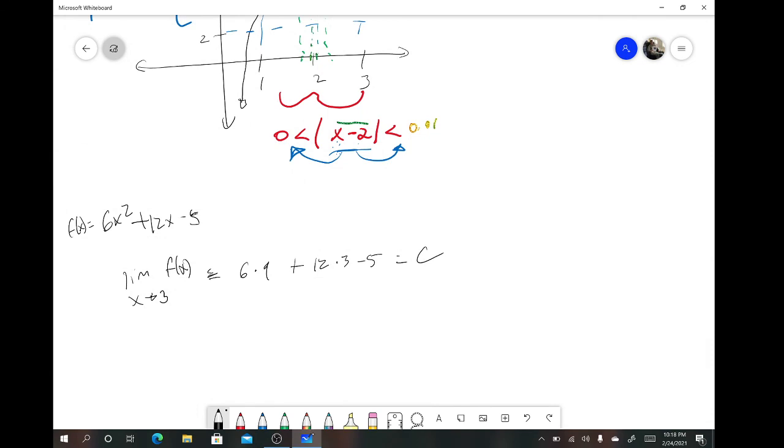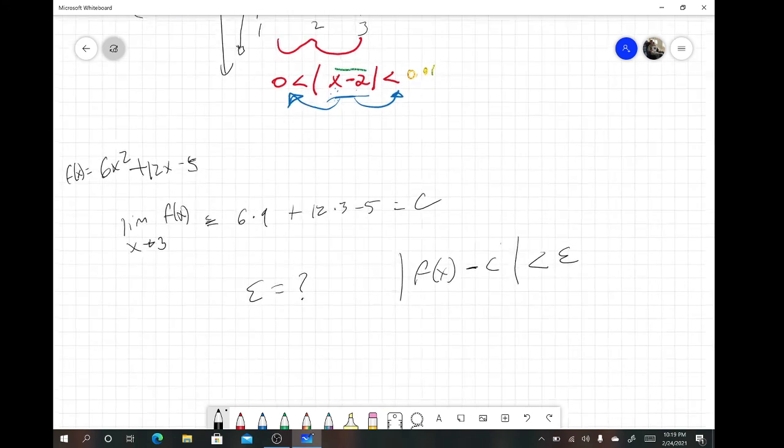Then what you need to do is find an epsilon such that this distance, f of x minus c, the value of the limit, is less than that epsilon.